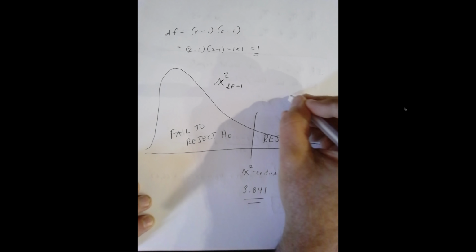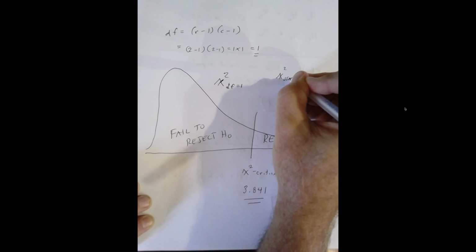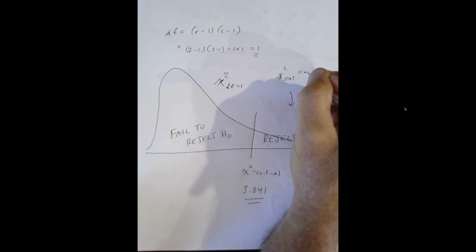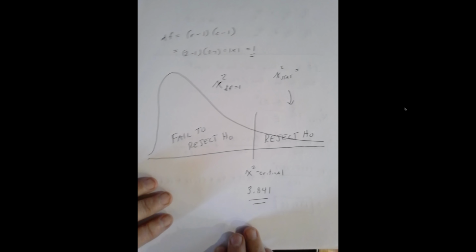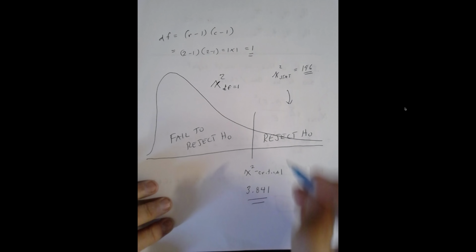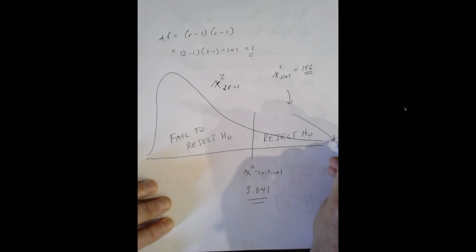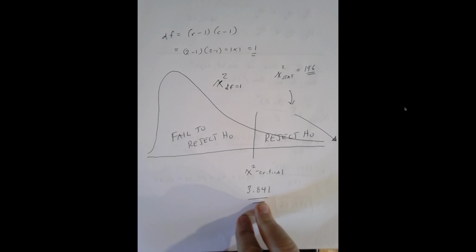Well, guys, ours was huge. Our chi-square stat was, what was it, guys? 195, let's just call it 196. So guys, that's way out here, right? So we have statistical significance and we reject the null hypothesis.